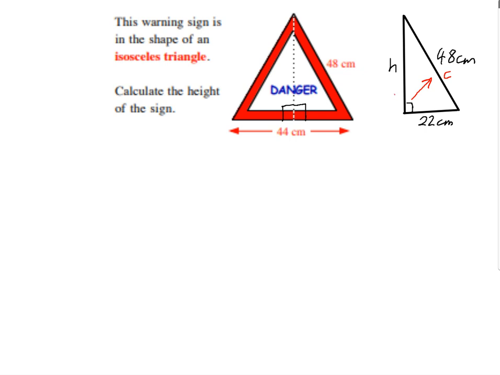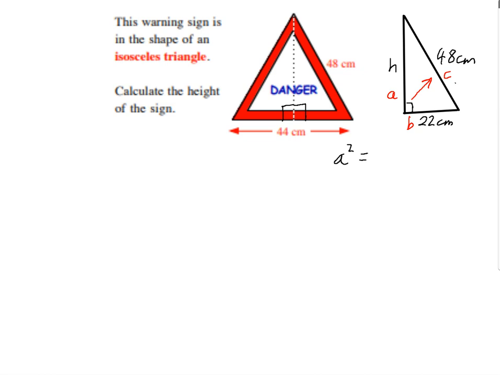And as we said before, it doesn't matter which way round we line these up, we label them up. So I'm going to call the side one A and the bottom one B. Now, again, when we are setting up our equation, our formula, we are going to have the part that we're looking for, which is this side here, H, so the part A, that has to be on its own.